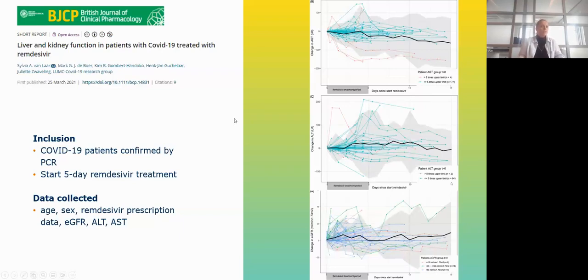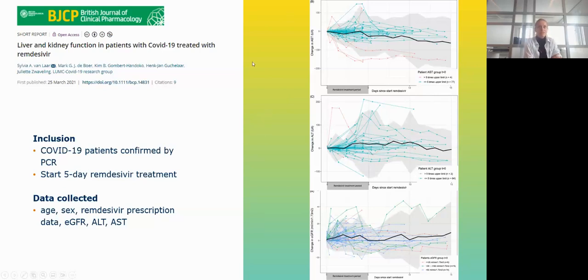So the question came around, hey, we have this treatment now, remdesivir, and it's not tested on patients with poor kidney or liver function, so they're excluded from the trials, but we are giving it to them anyway because we need to do something. Can we maybe extract those data very quickly, please, to give an indication that it doesn't do the patients harm? And I did this in 3 weeks. That shows maybe how fast we can do this.